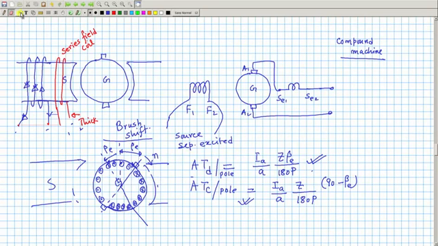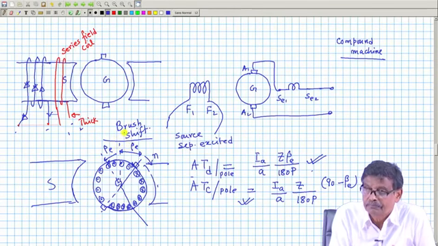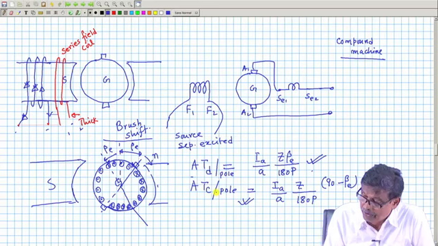Brush shift you have given, and this is the thing you have obtained. Then this cross magnetization, which is not the total thing as previously, perhaps can be compensated by the interpole. Got the point?